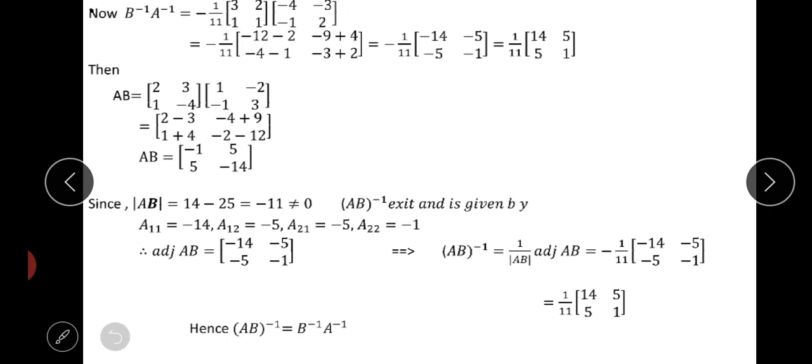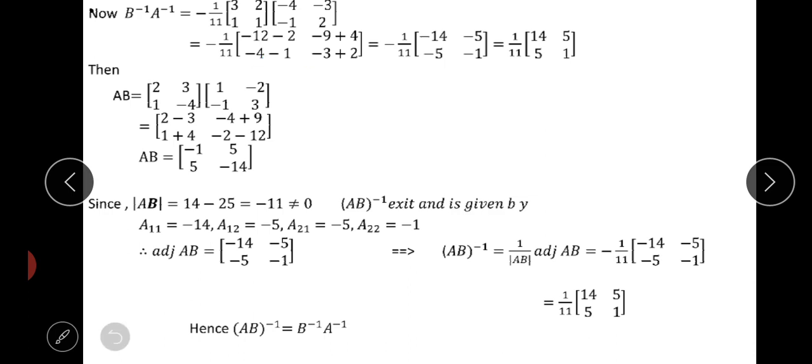Then first row with second column: 3 into minus 3 is minus 9, 2 into 2 is plus 4. Similarly, second row with first column: 1 into minus 4 is minus 4, 1 into minus 1 is minus 1. Then second row with second column: 1 into minus 3 plus 1 into 2 is plus 2.